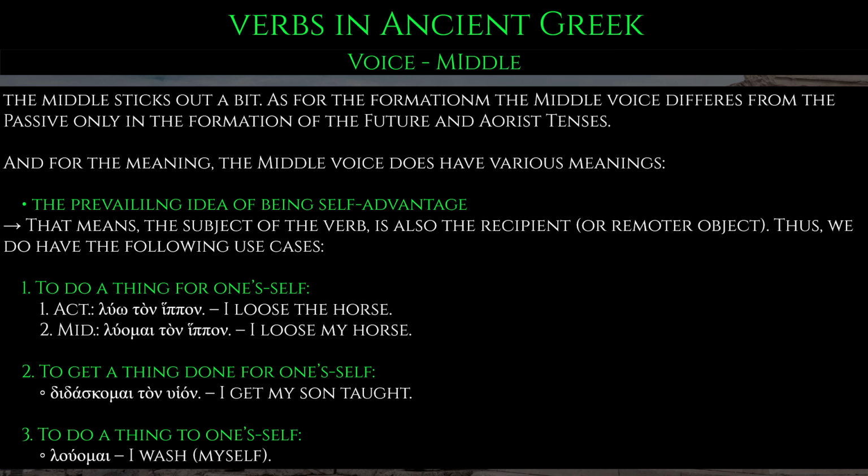For example, I get my son taught. And lastly, to do a thing to oneself. For example, I wash, with the nuance of I wash myself. See? Pretty easy. Middle has the focus on you. That's it.